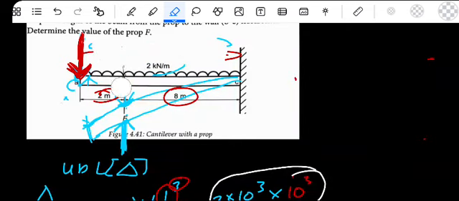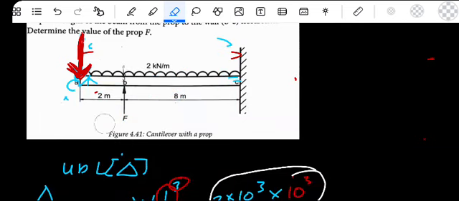Since here there is this prop here, there will be some additional force due to the UDL that will want to oppose that. Obviously this will still bend a little bit.